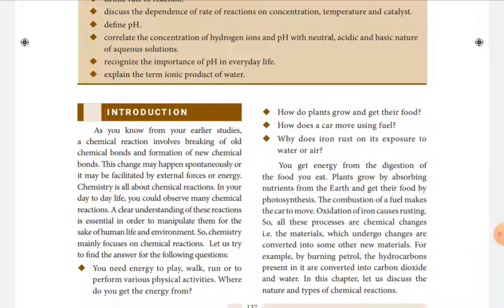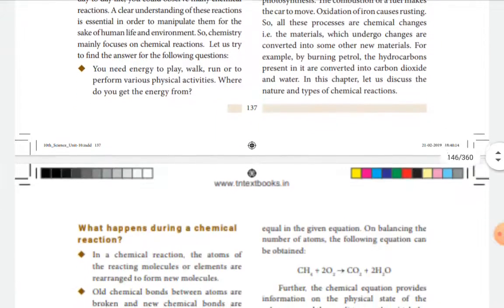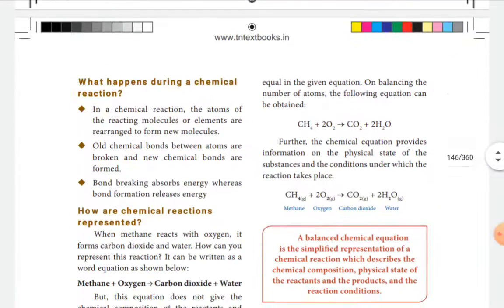So chemistry means chemical reactions, and there are so many reactions taking place in and around us, like digestion of food, the movement of vehicles, rusting of iron, photosynthesis. All these are chemical reactions.